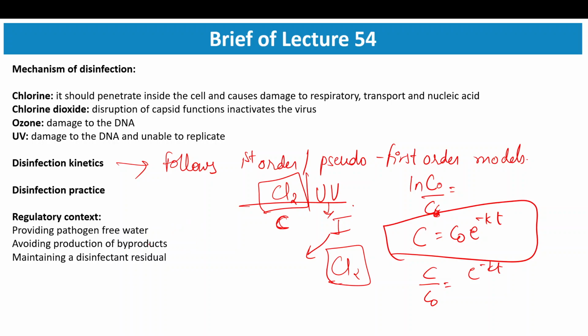Next, the final water should not have any byproducts, right? Because if you have any byproducts, you will be consuming them, right? If you are talking about drinking water application, since it is a byproduct, it can be toxic or it cannot be toxic, but anyways byproduct should not be formed.